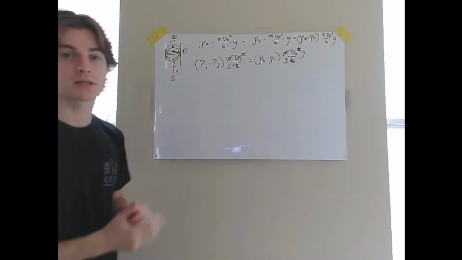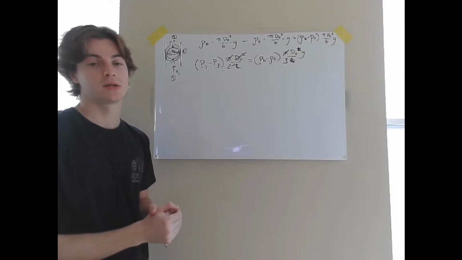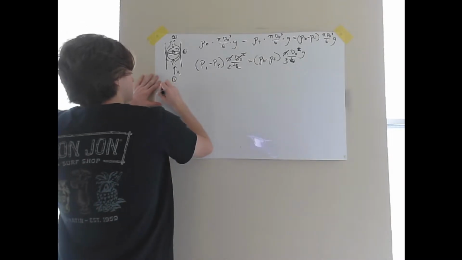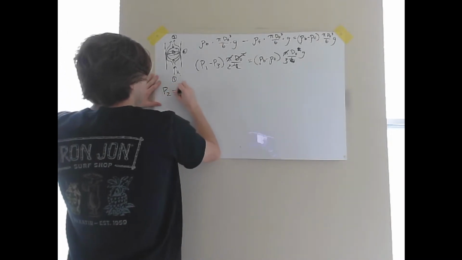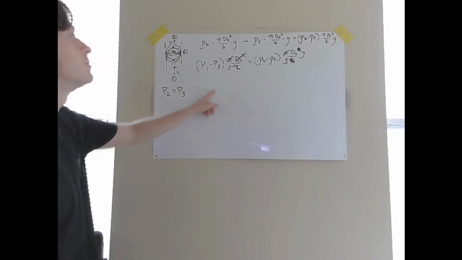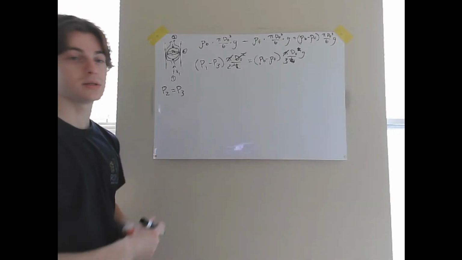So we have a sudden expansion, and when there's a sudden expansion, there's no time to recover pressure. So because of this, the pressure at position 2 is going to be equal to the pressure at position 3. So I'm going to go ahead and substitute this into the equation.